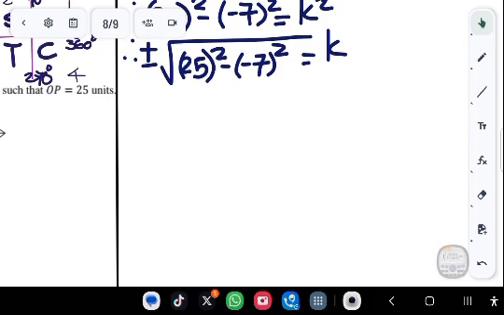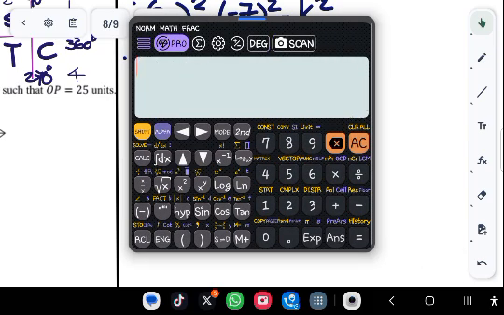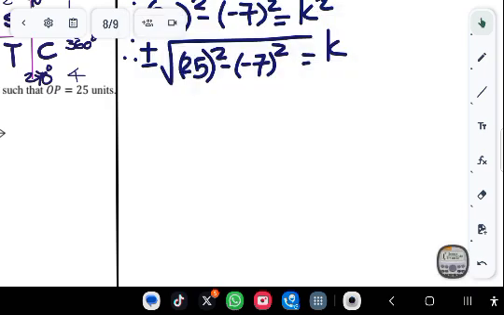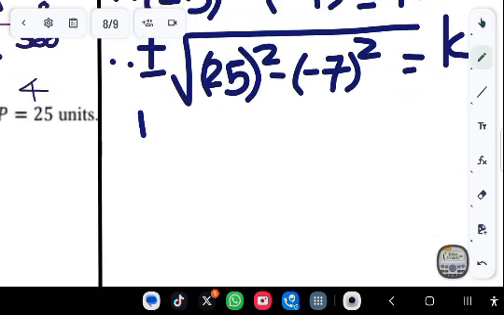So let's take out a calculator. Square root of 25 squared minus negative 7 all squared, and that gives us 24. The square root of that gives us plus or minus 24.